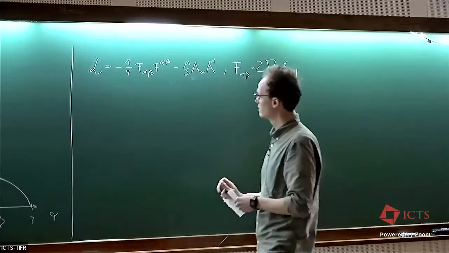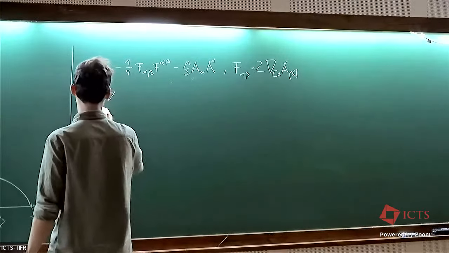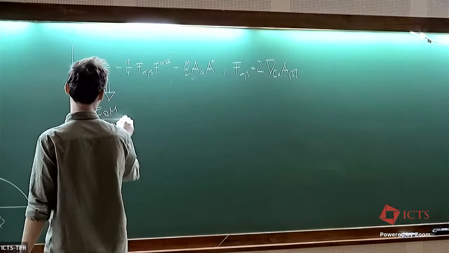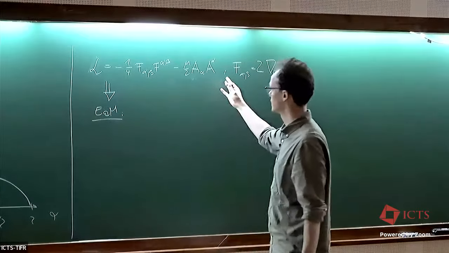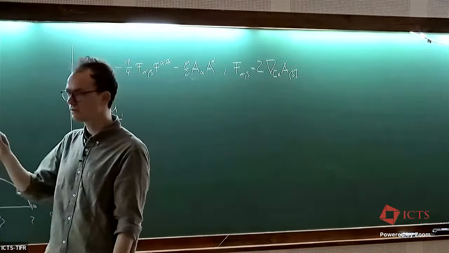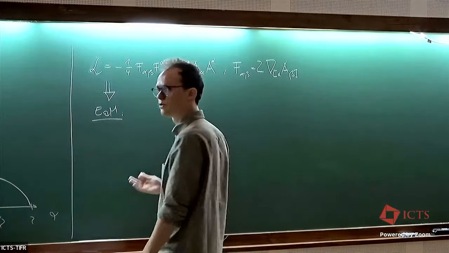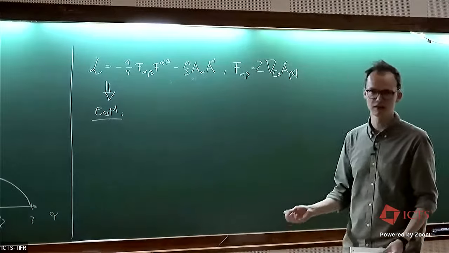So in principle, what you'd have to do now is you'd have to get the equations of motion for this, and then do the exact same calculation that we did for the scalar field. And the only real technical difference will be that there's just more indices, okay?